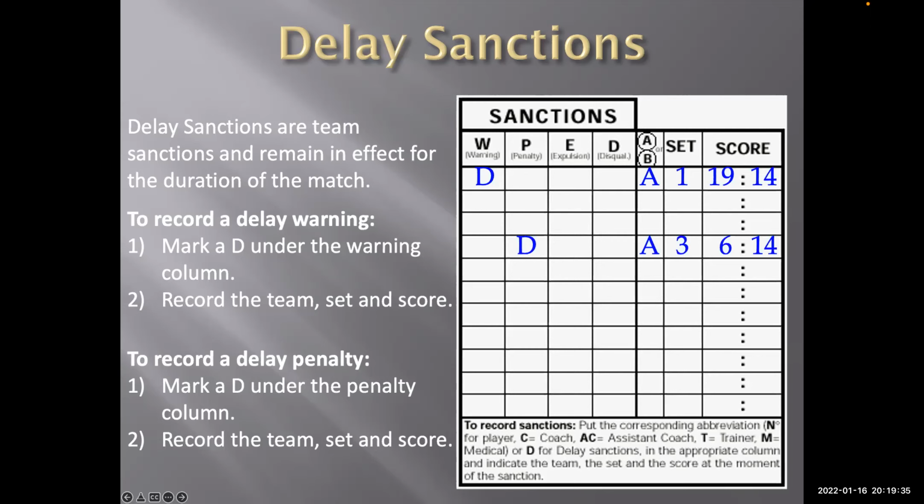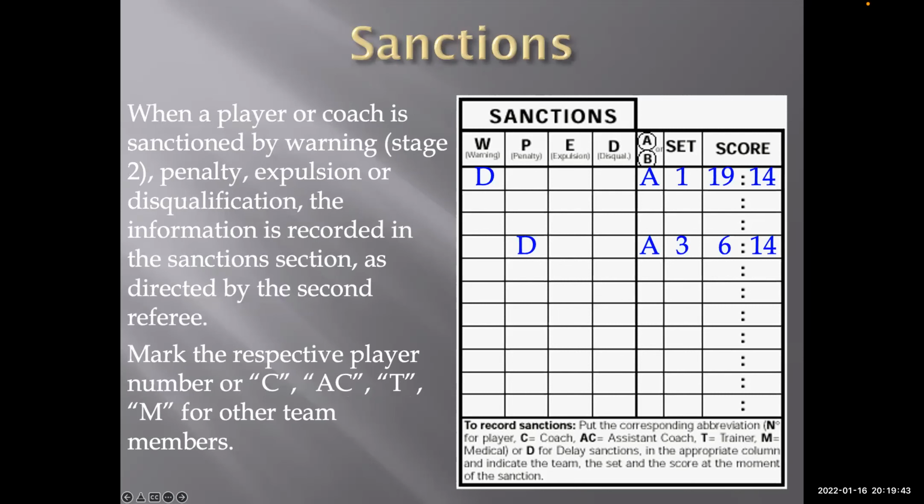You write the team that it was for, the set, and the score, the team that received the penalty first. In the rest of the boxes, for team staff, there's C for coach, AC for assistant coach, trainer, medic. And then if it's a player, you would use their number.